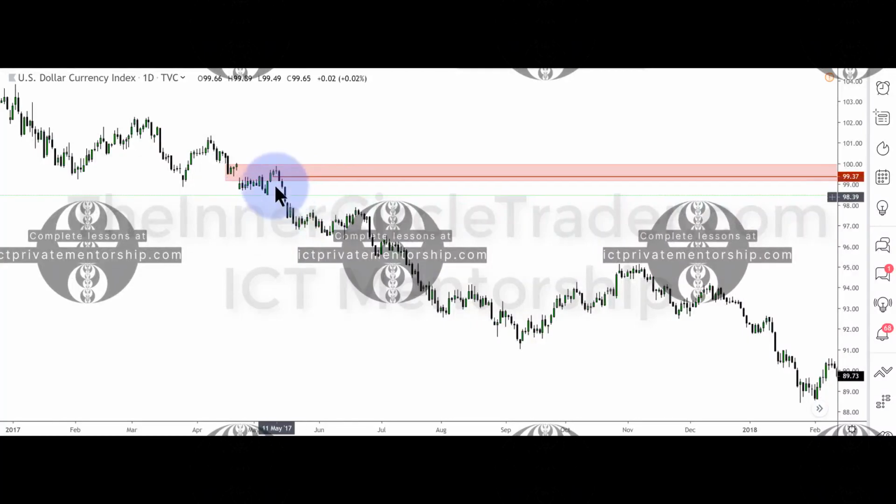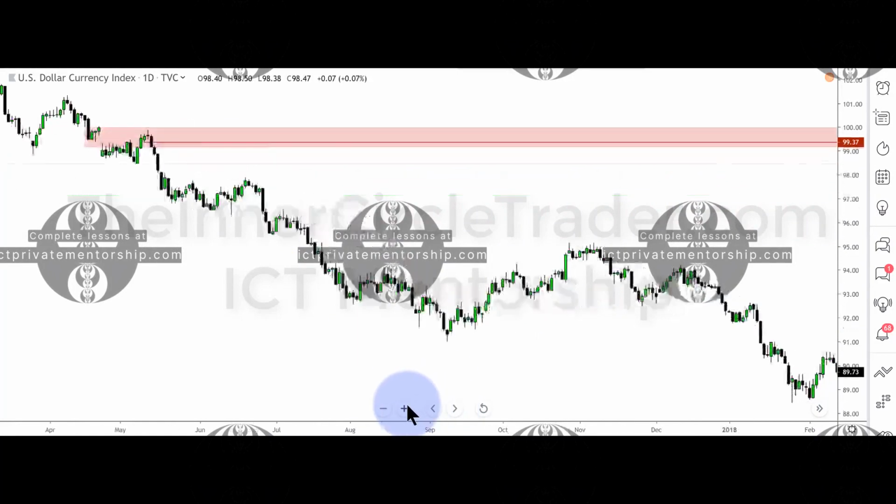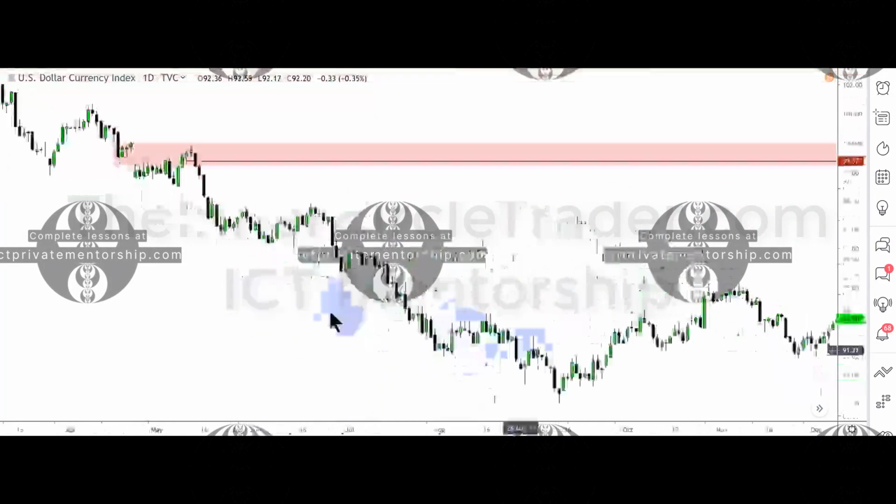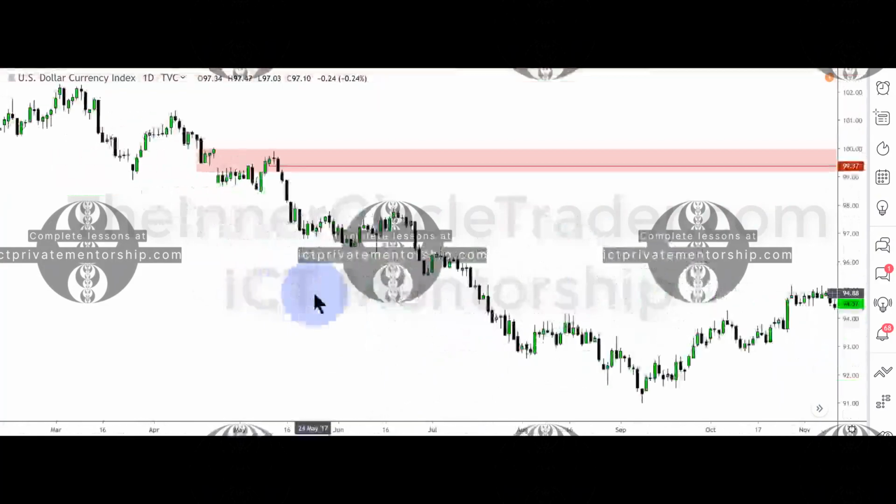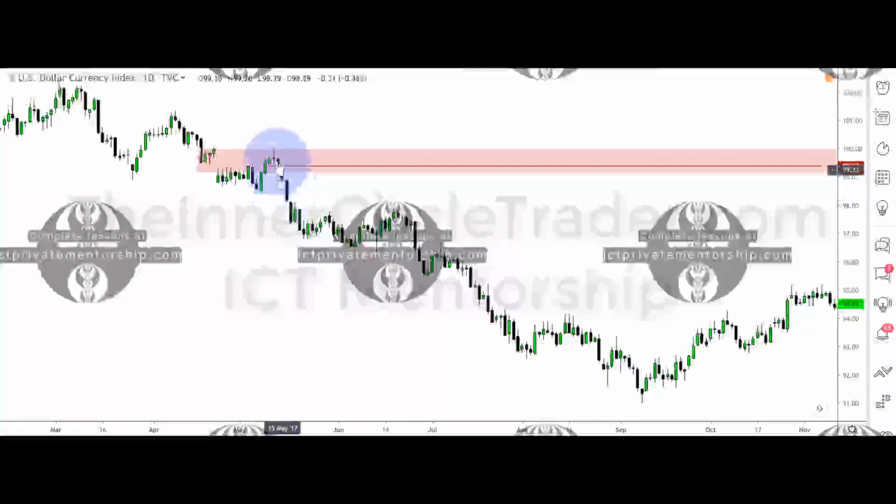level. So if we zoom in a little bit more here, you'll see that there is a bearish order block, which is also accompanied by a fair value gap. So we have an imbalance of sell side delivery, buy side inefficiency. The low on this candle, right up here, comes in at 99.37.